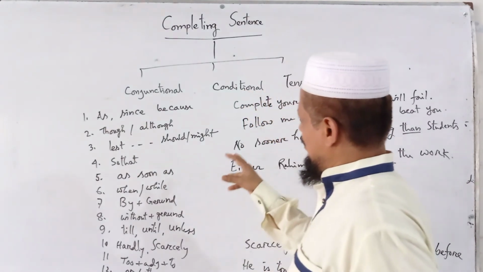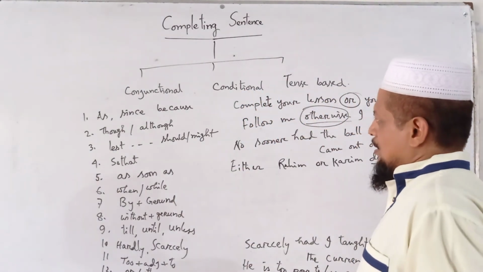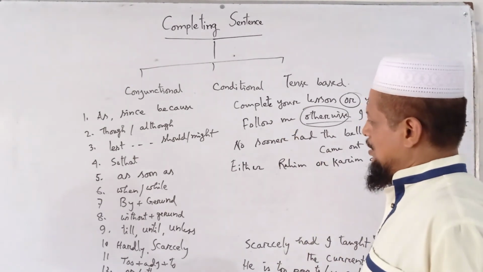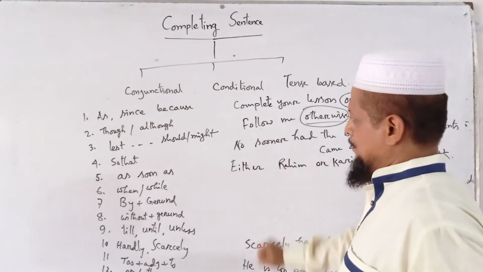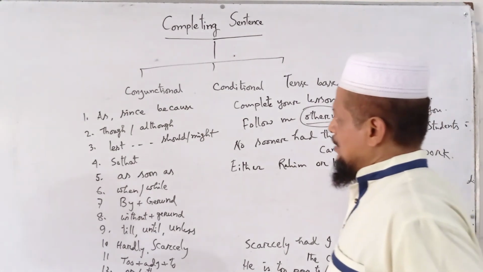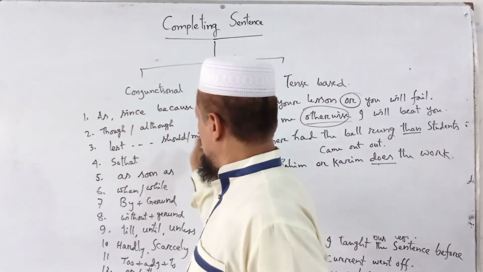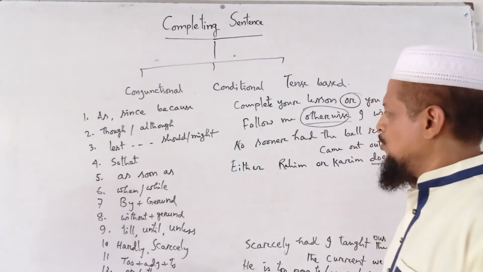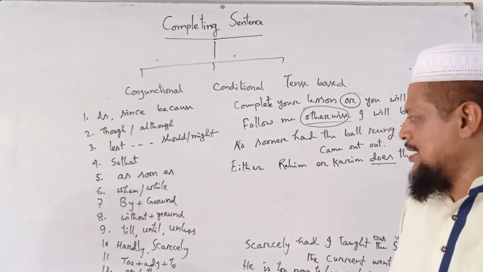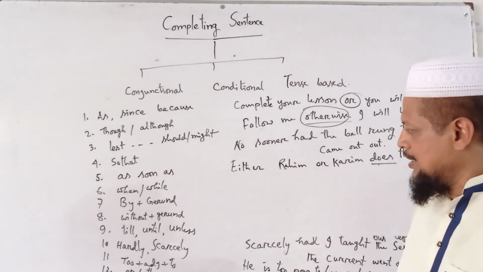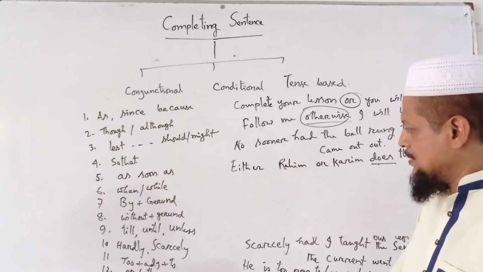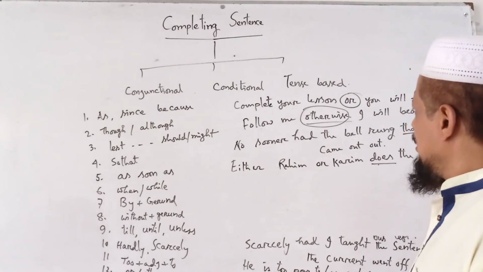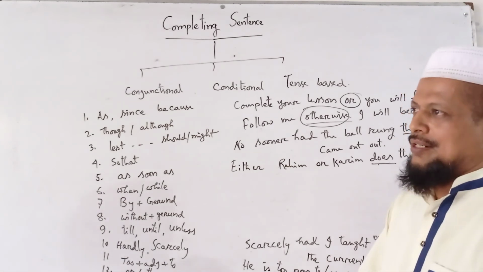That is, which conjunctions are usually used in completing sentences. I showed some of them: as, if, though, although, lest, should, might, so that, as, when, while, by plus gerund, without plus gerund, till, until, unless, hardly, scarcely, too plus adjective plus to, so plus adjective plus that, or otherwise, no sooner, and either, neither.